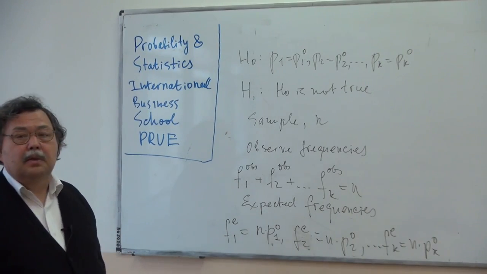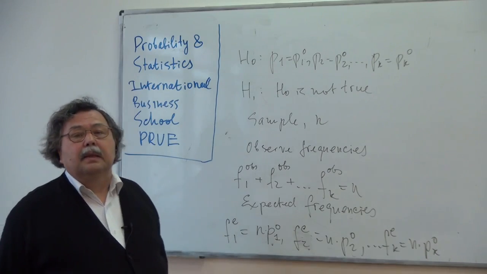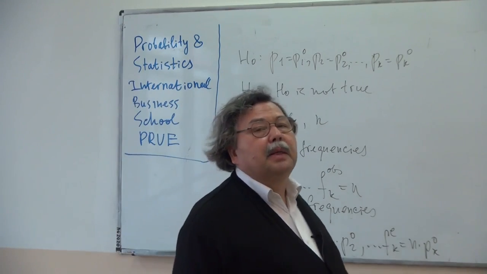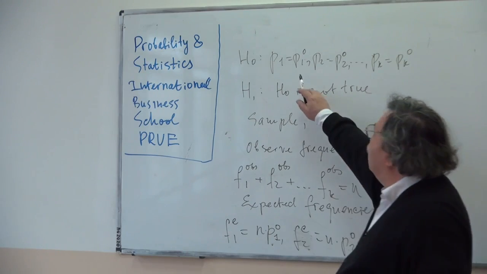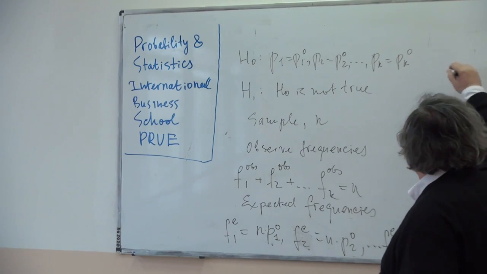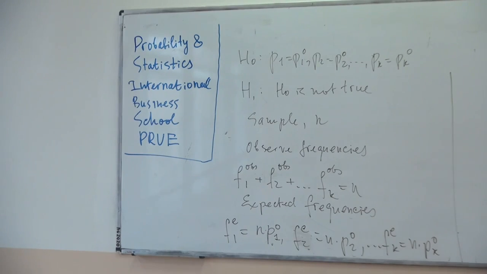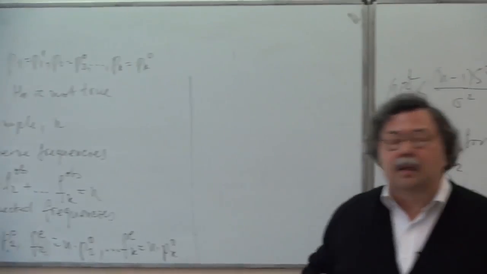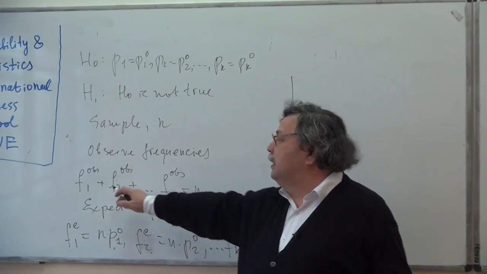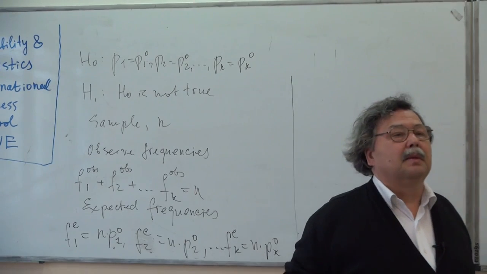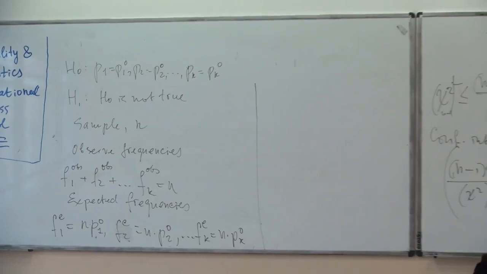So we have the actual frequency that we observe in the sample, and we have this expected frequency as computed under the assumption of the null hypothesis. Now, logically, we are going to accept the null hypothesis if these expected frequencies are not very different from these observed frequencies, and we reject the null hypothesis if the two are very different.